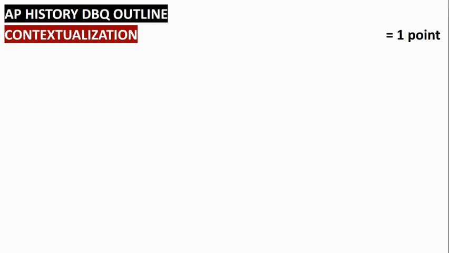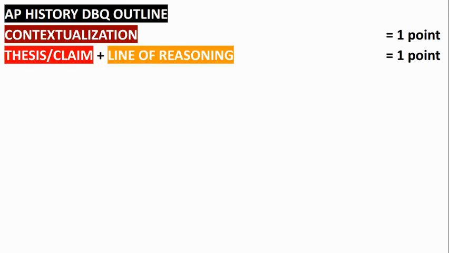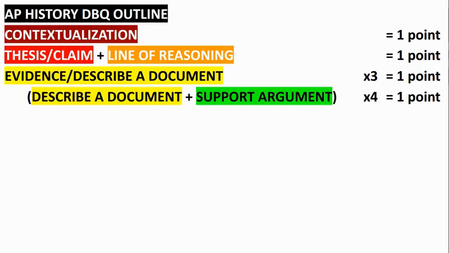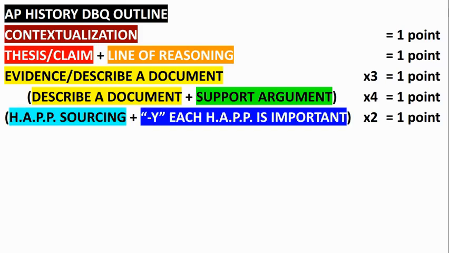Okay. Now, here's where you have earned those points if you've done it. You get a point for contextualization, and you get a point for your thesis, claim, and line of reasoning. Describing the content of 3 documents earned you a point, but describing 4 instead of 3 documents and using each to support an argument in response to the prompt also earns another point.